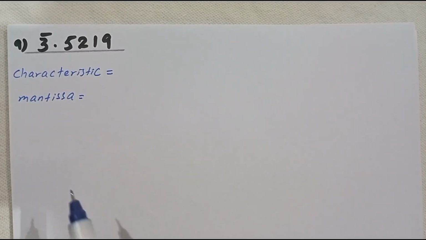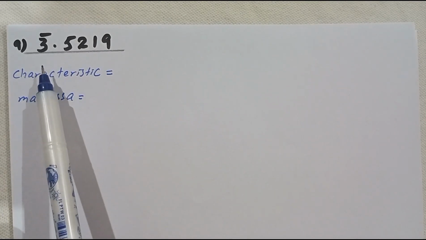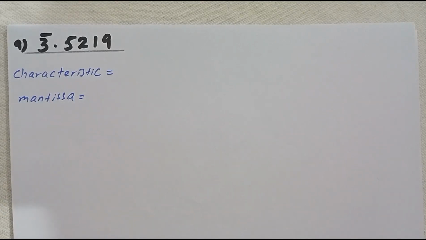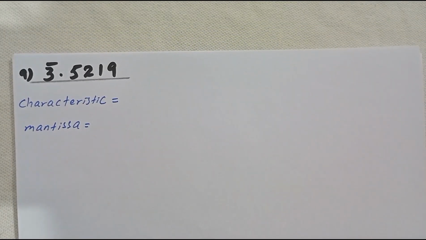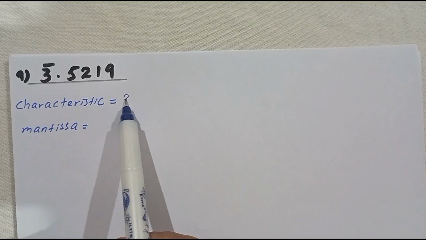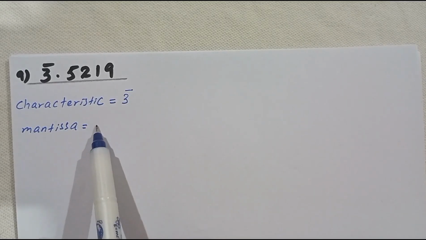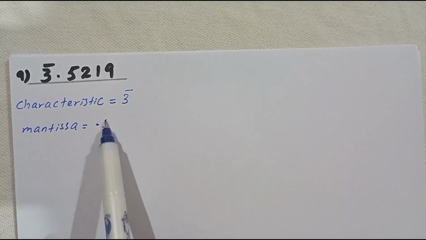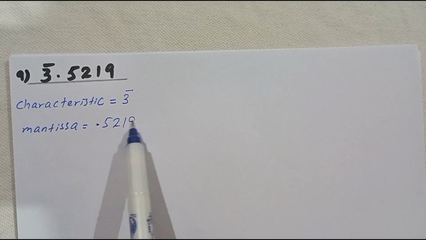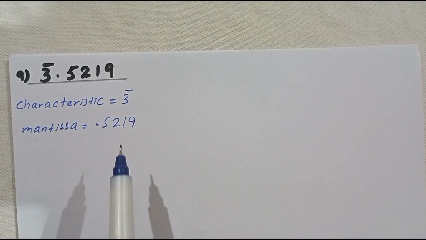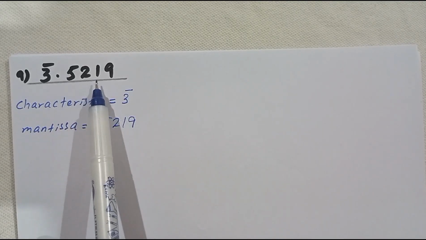So in 9 part we have to find antilog of -3.5219. So in this, characteristic is -3 and mantissa is 0.5219. So we have to look in antilog table value of 0.52 in 1 and add the value of right column 9.